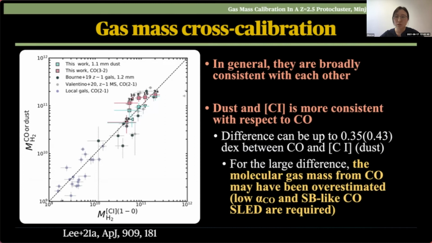But if you take a closer look, dust and [CI] are more consistent with respect to the CO. The difference can be up to 0.4 dex between CO and the other tracers. We have explored the potential variation in assumptions of different tracers, but our final conclusion is that the molecular gas from CO may have been overestimated, suggesting that a lower alpha CO and a starburst-like CO SLED might be needed for some galaxies.